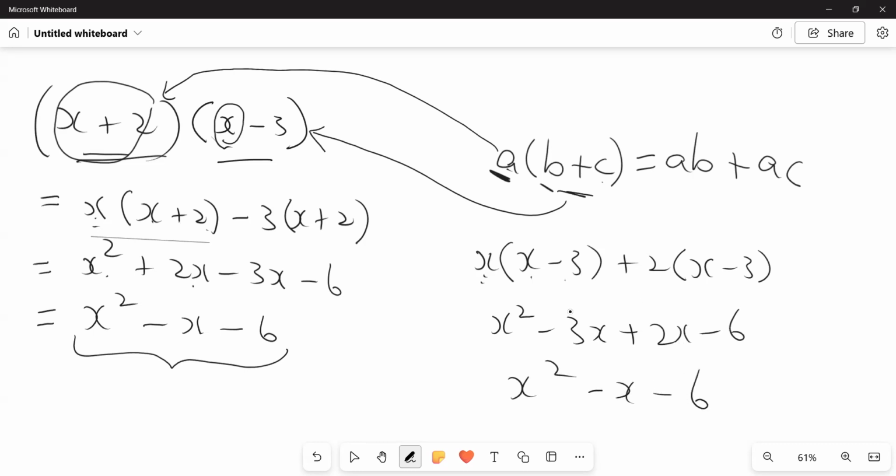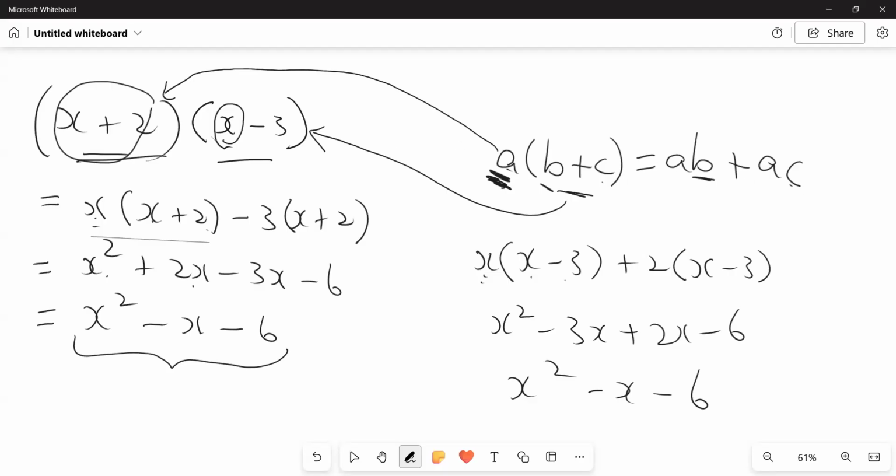Either way, the whole idea is that you take what is in front of the bracket here. In this case, it's not just A, it's a whole expression, and I multiply it by this.